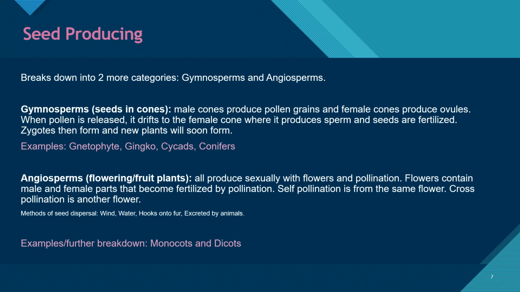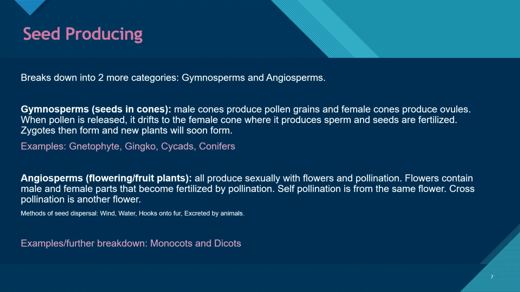The next category under seed producing is angiosperms, otherwise known as flowering or fruit plants. They all reproduce sexually with flowers and pollination. Flowers contain male and female parts that become fertilized by pollination. Pollination is when a bee or a butterfly or another type of insect comes over to the plant because it's attracted to its nectar.